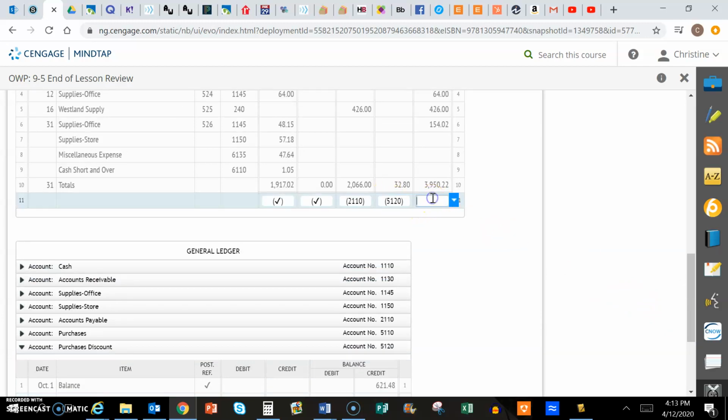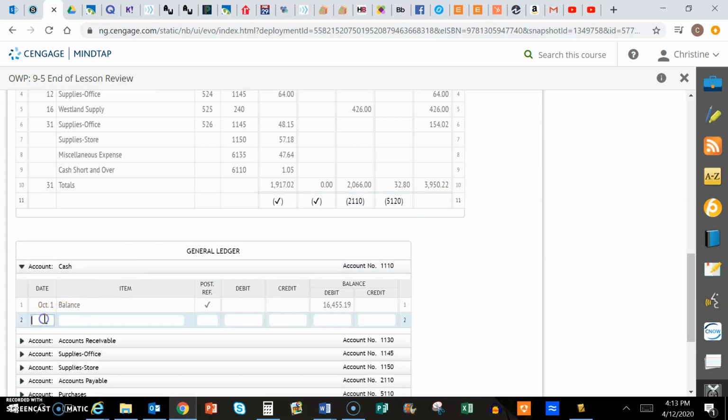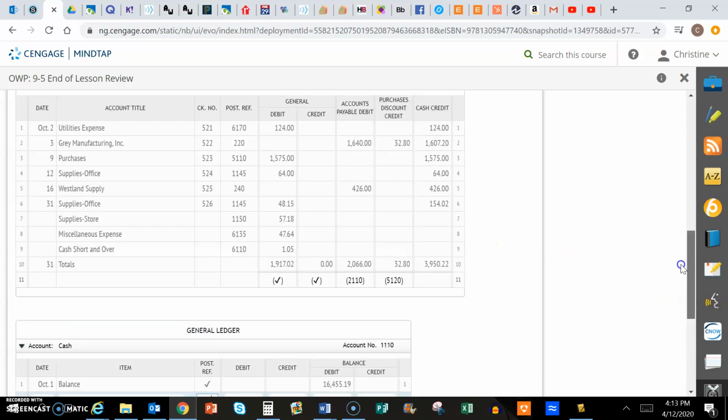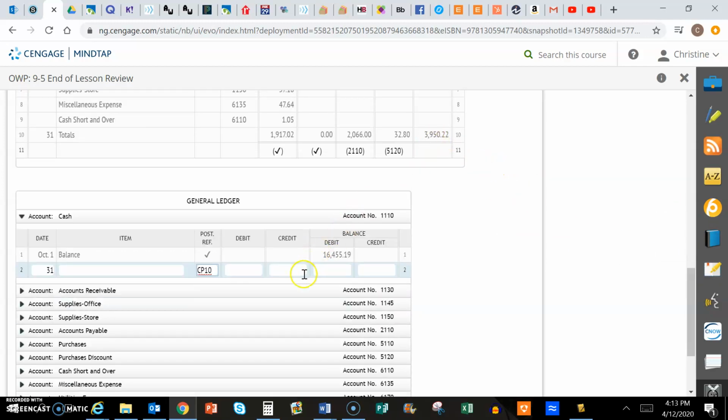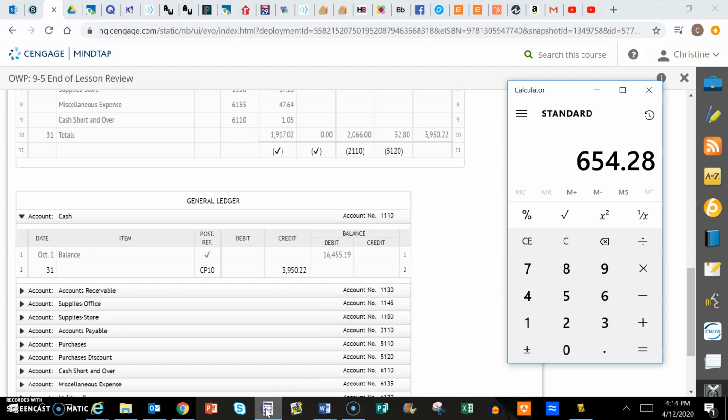And then the last thing I do is my cash. So I'm going to go to cash, 31, still coming from CP10. It is a credit. You're paying cash. So cash credit of 3950.22. And my new balance is, so I had 16,455.19.